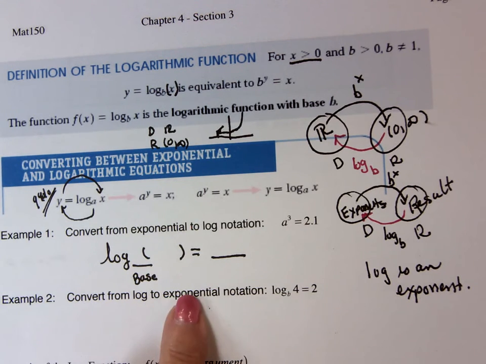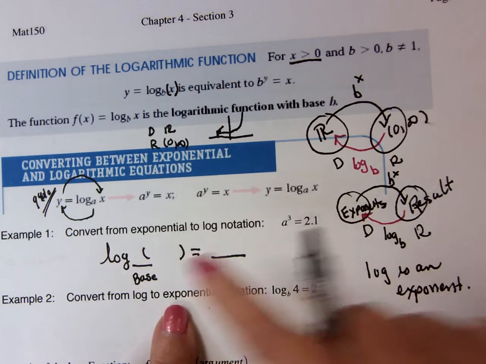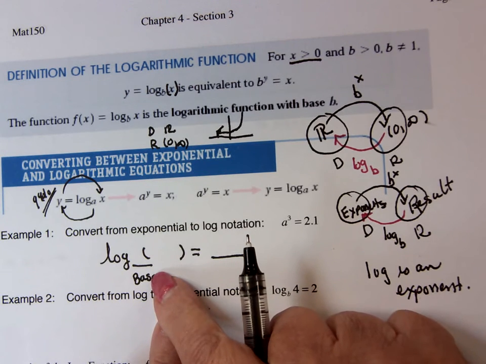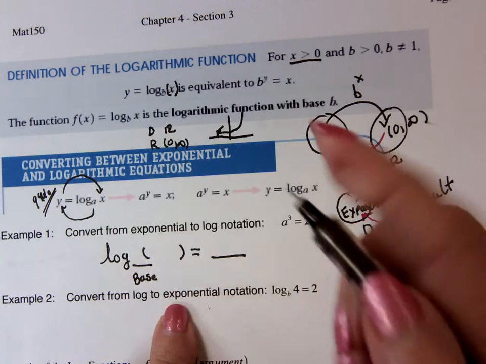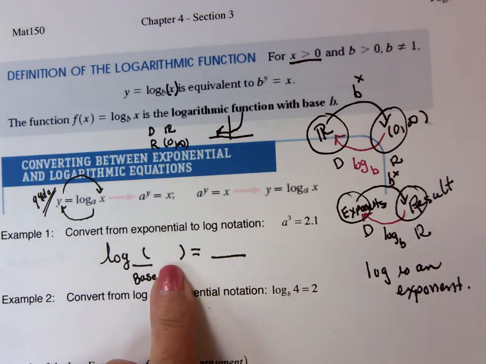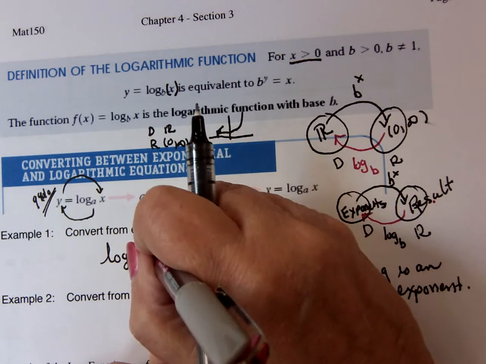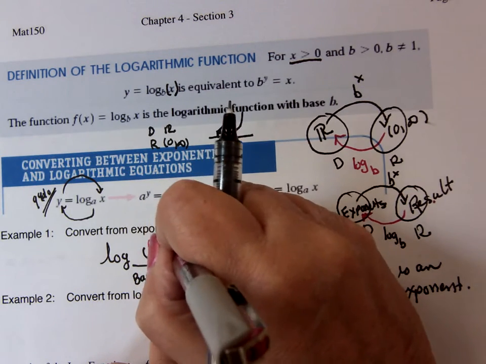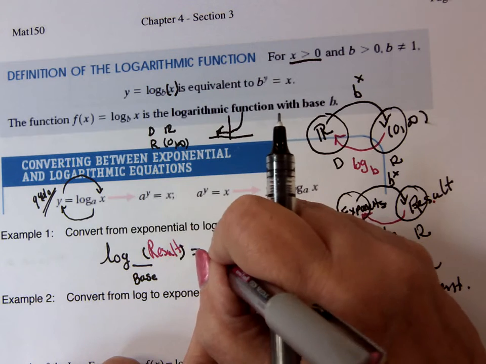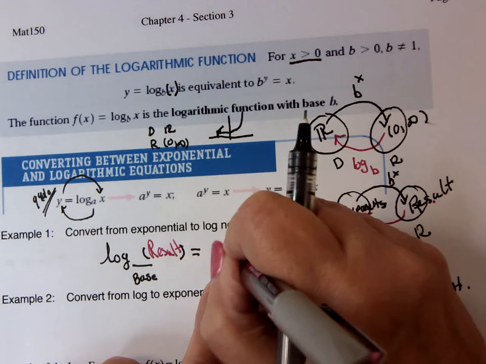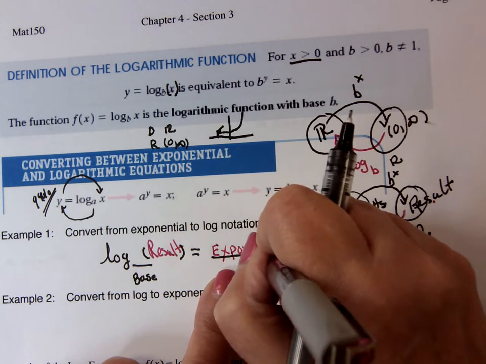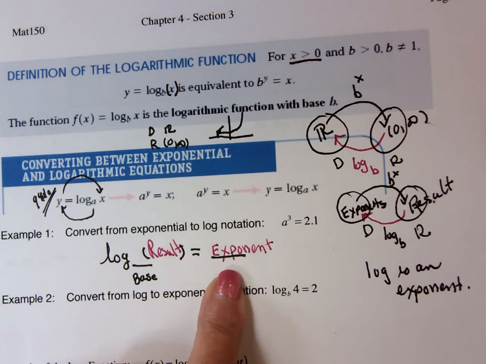Well, if you think about it, the base is the base is the base. So whatever the base is, it picks up a result and returns it to an exponent. That's why we say the logarithm is an exponent.